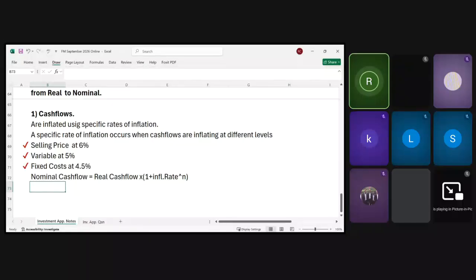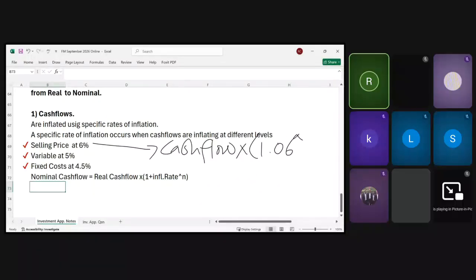If we are to inflate our selling price, we are going to have our cash flow times 1.06 to the power n. What does n mean? n represents the year in which the cash flow is arising. If the cash flow is arising in year 1, it is to the power 1. If a cash flow is arising in year 2, it is to the power 2.